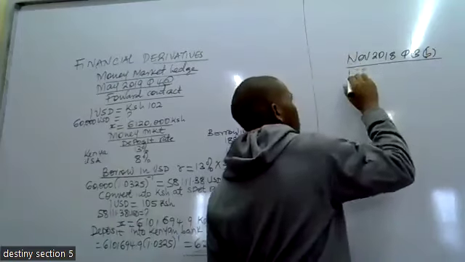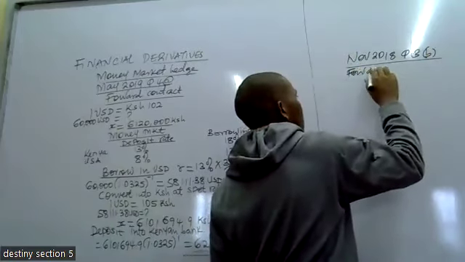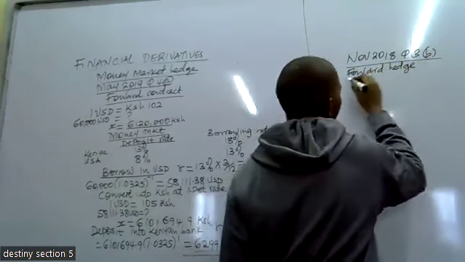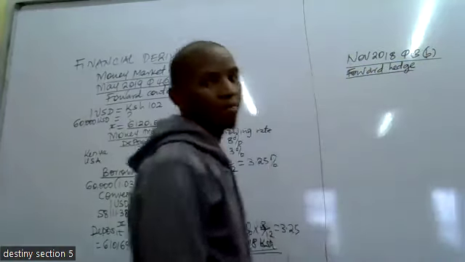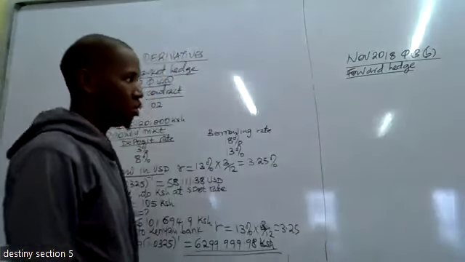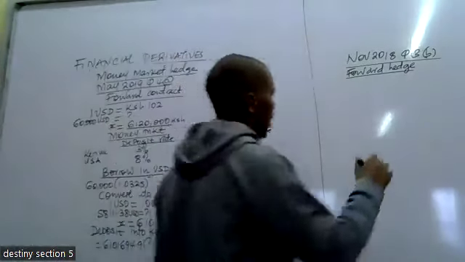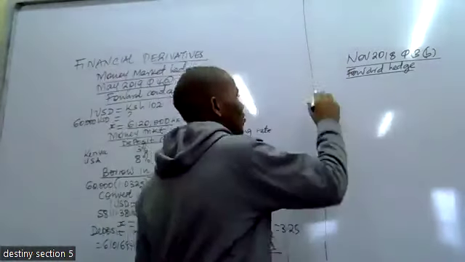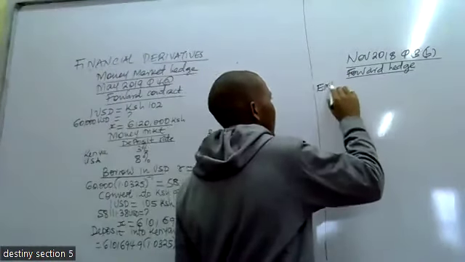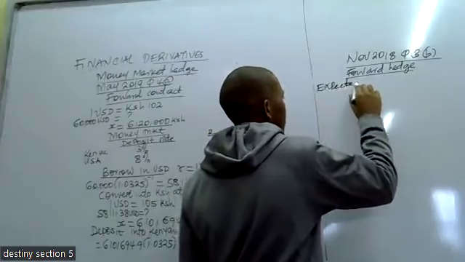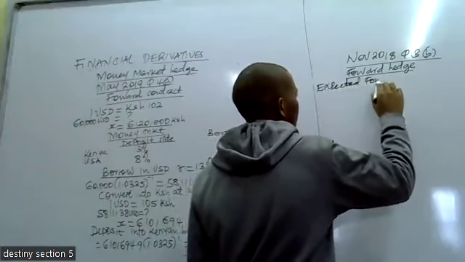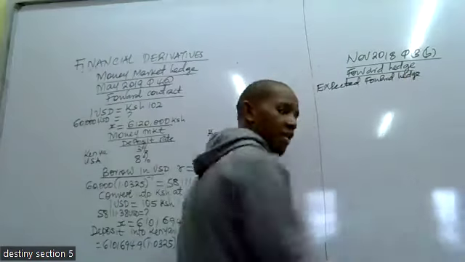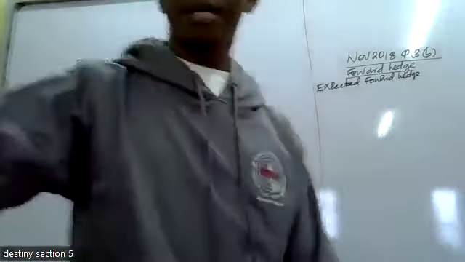So now we begin with the forward one. Forward hedge. For the forward hedge, we've been given them in probability, so we need to get the expected one. Expected forward rate.